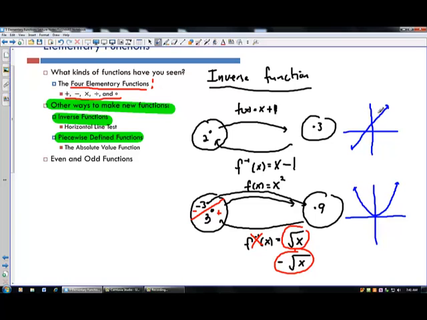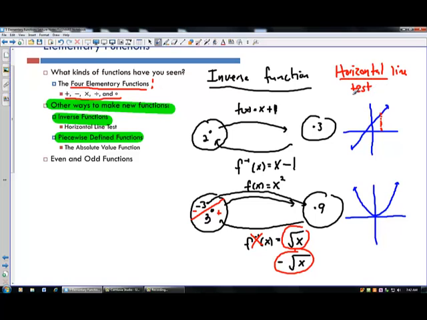And so the reason why this function on top has an inverse, or one reason we can give for it, is because when you look at one of the outputs, it goes back to just one input. And so sometimes we say that this satisfies the horizontal line test.